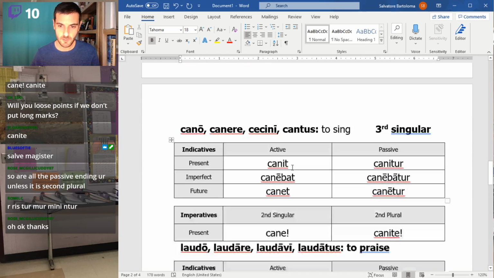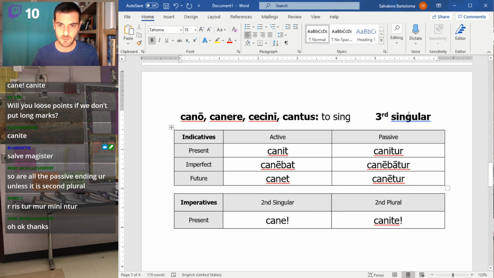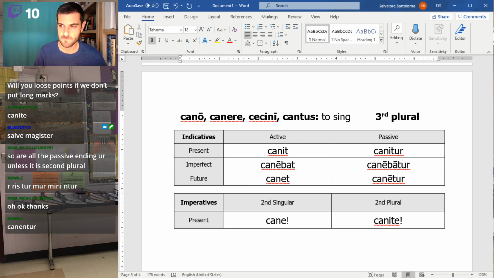I want to go back to conone here. And in the spirit of changing these, let's make this one plural. What's going to happen if I change all of these forms to the plural now instead of third person singular? So obviously my T's are going to become NT's.